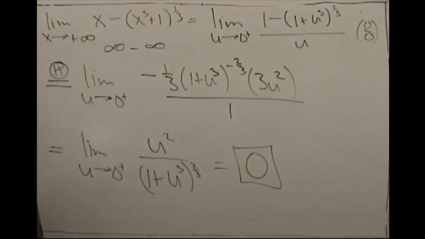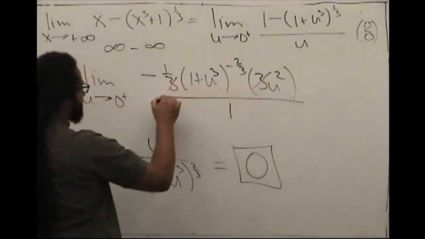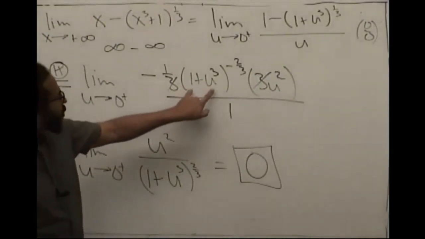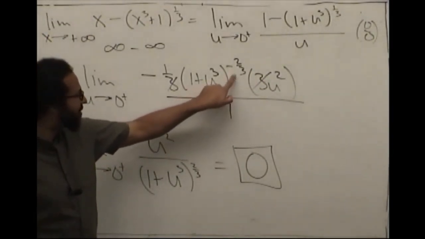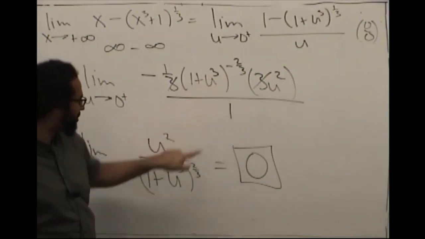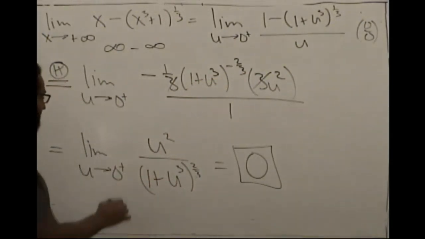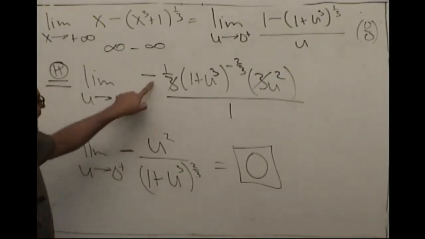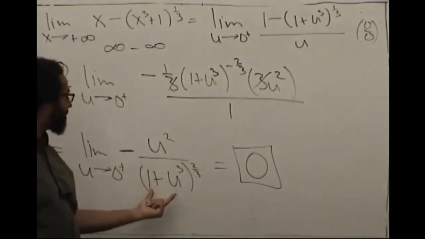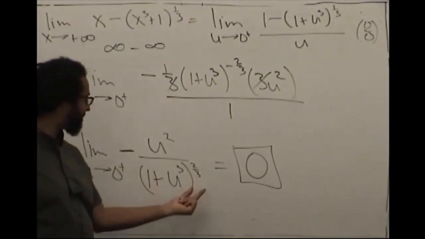And so the 3's will cancel, and you can write 1 plus u cubed to the negative 2/3 as positive 2/3 exponent in the denominator. And so really this is just negative u squared over 1 plus u cubed raised to the 2/3 power.